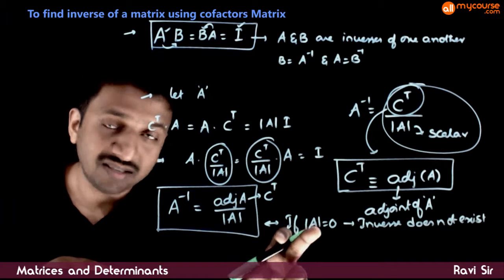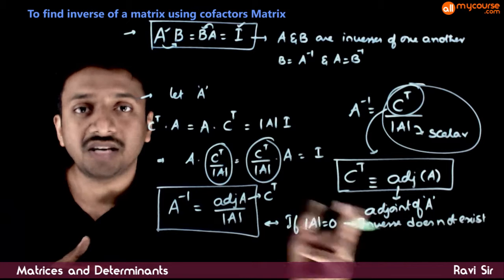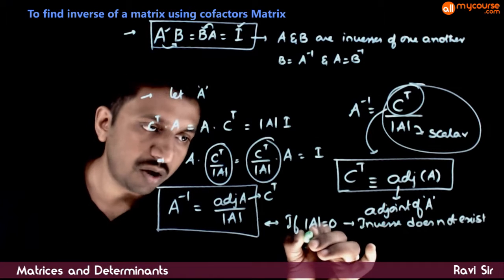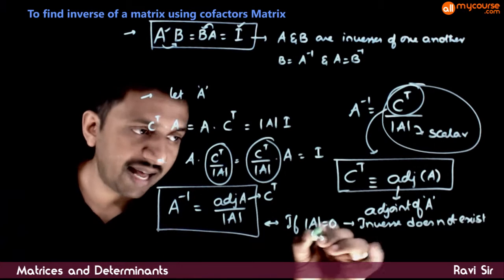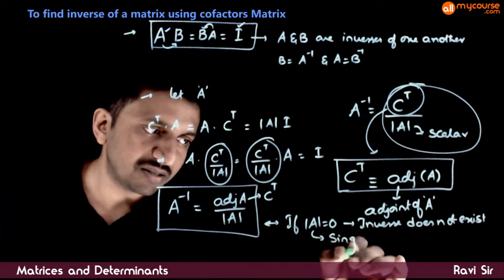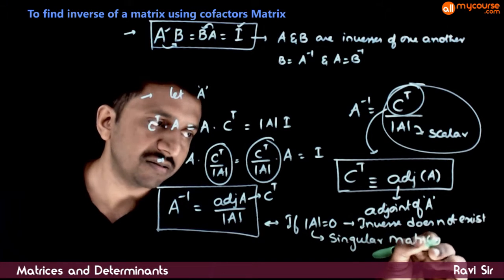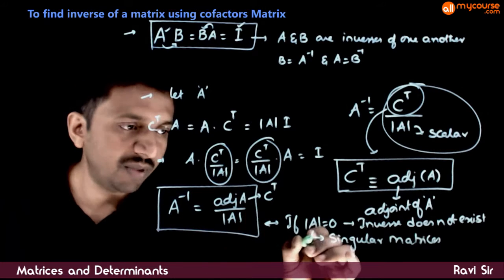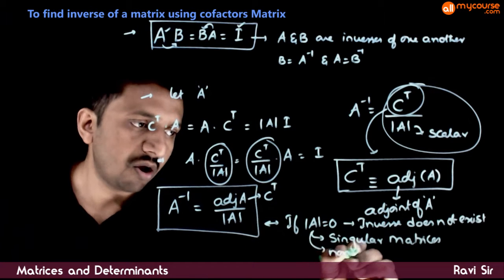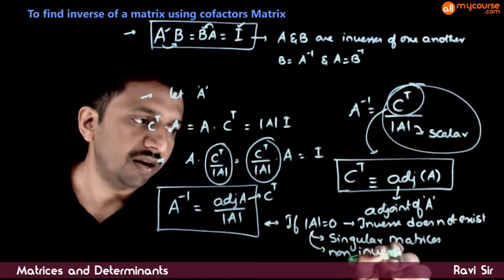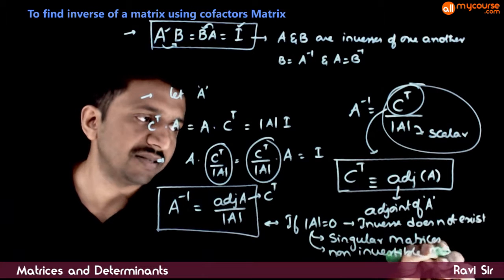If det A is equal to 0, inverse does not exist. So we call such matrices singular matrices, or non-invertible matrices.